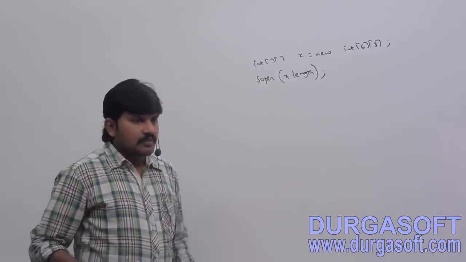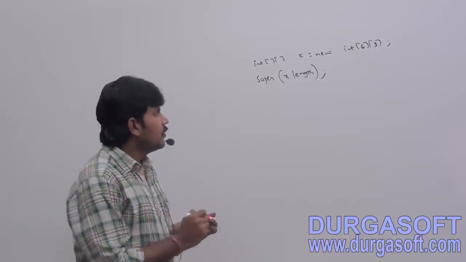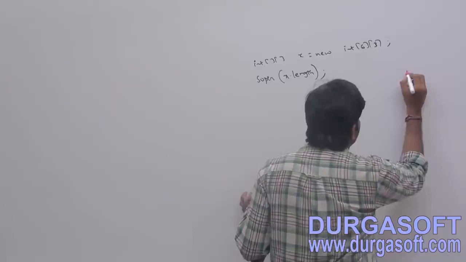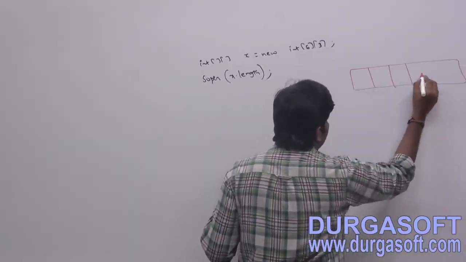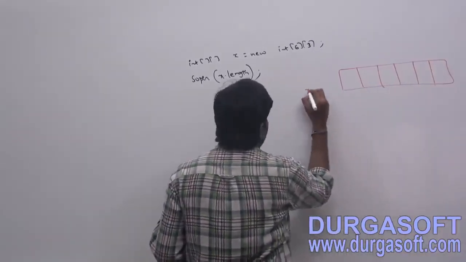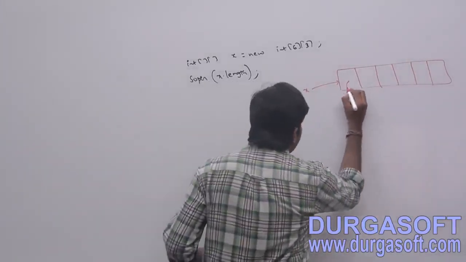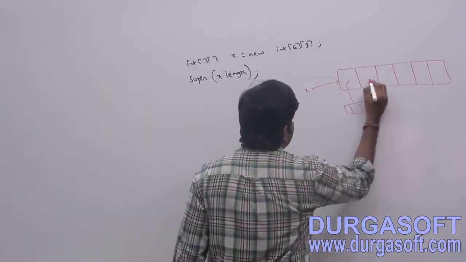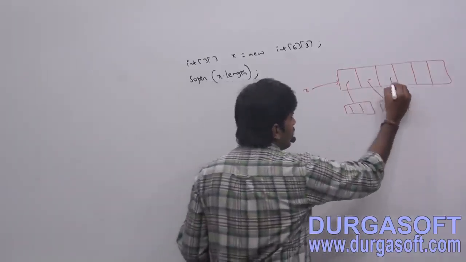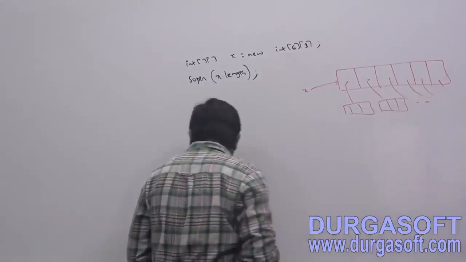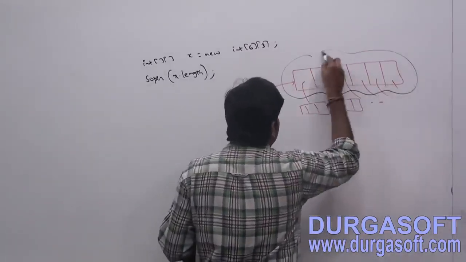Even though it is a two-dimensional array, basically it is a one-dimensional array only, of size 6, where every element is of size 3. So x is basically a one-dimensional array only.